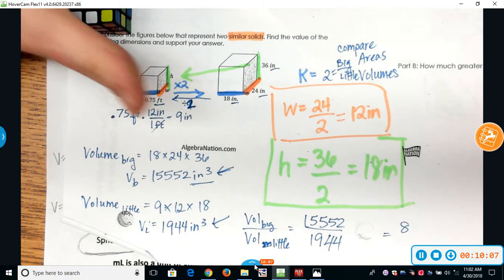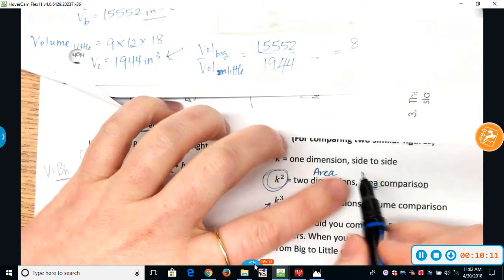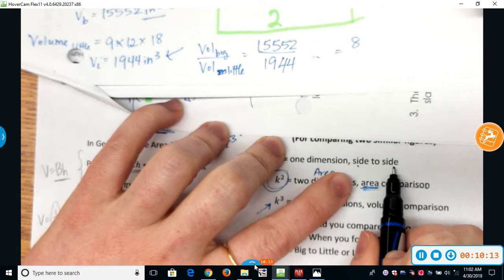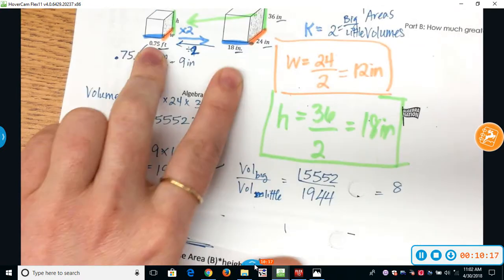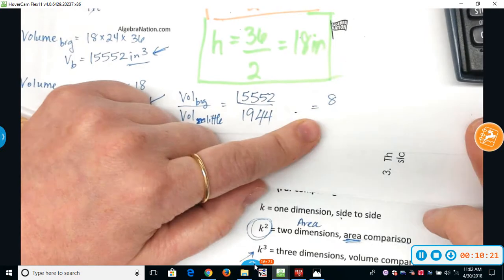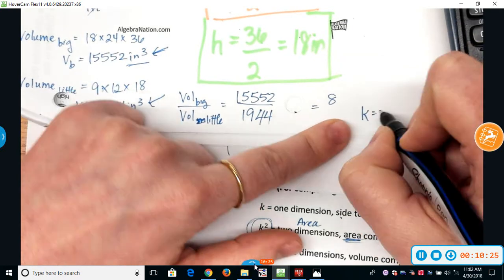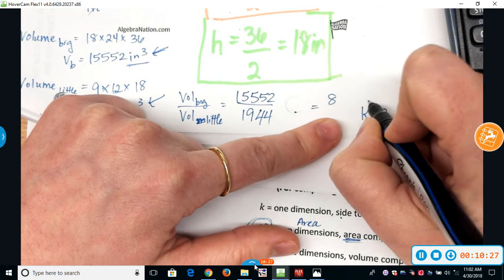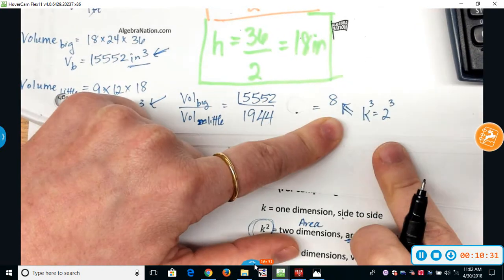So let's think about this. When I was comparing one side to one side, I got K. My volume was 3 sides, so I should be able to take K, which is 2, and cube it, and that should give me 8.